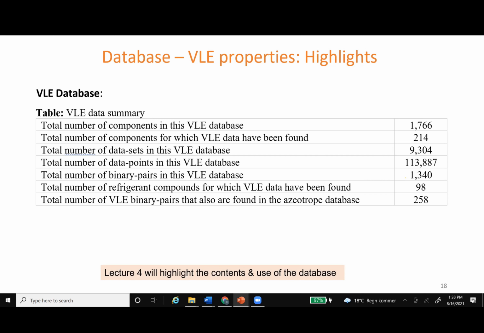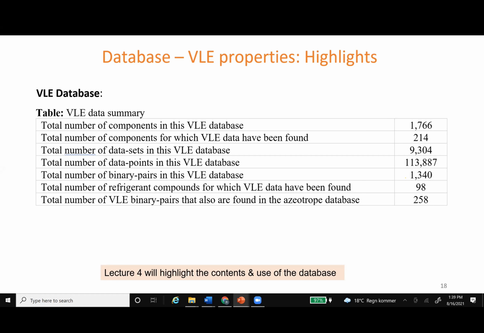And for those, we have found that somebody has measured the VLE data, and that VLE data, of course, is very important if we are going to calculate the PVT relationship for a mixture. So in order to develop the phase equilibrium model and find the interaction parameters, these data are very useful.